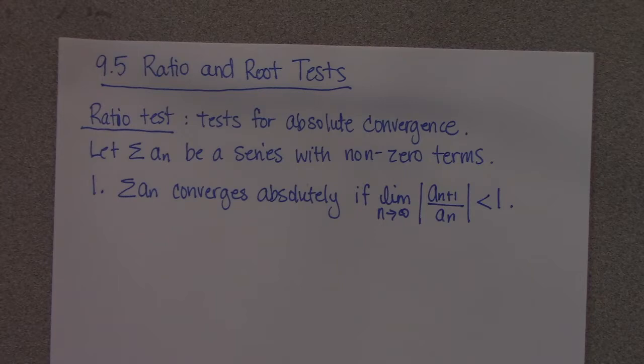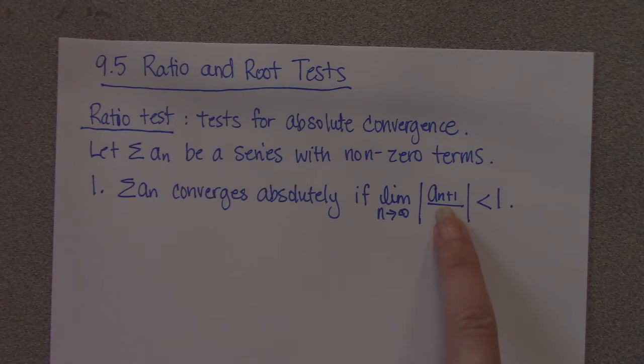So once again, nerds are lame at naming things, ratio means fraction. So you literally create a ratio of the terms. And then to test for absolute convergence, you take the absolute value, and then you look at the limit. So if the limit of a fraction is less than 1, we're saying that the denominator is getting to infinity faster than the numerator.